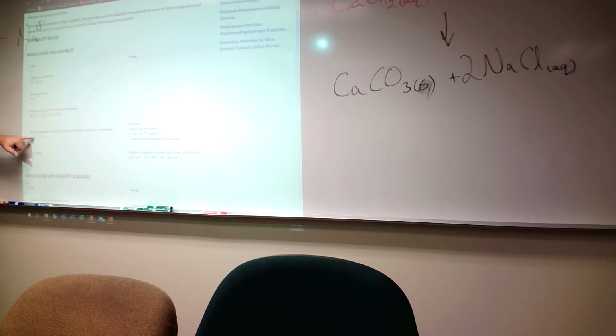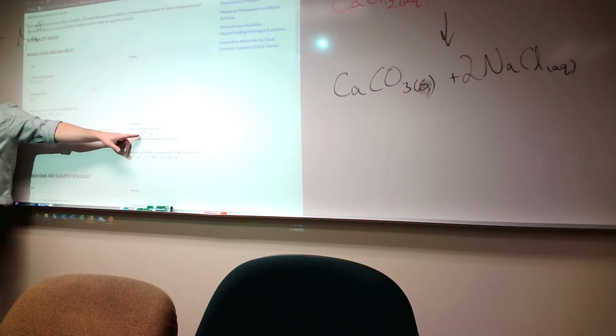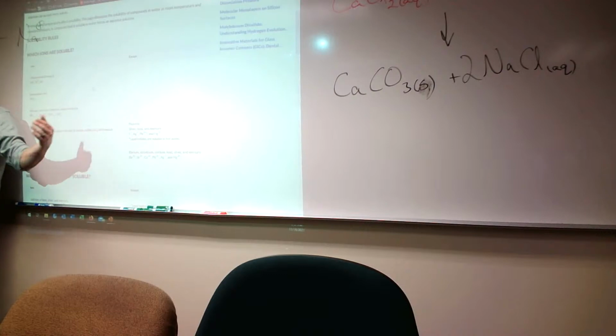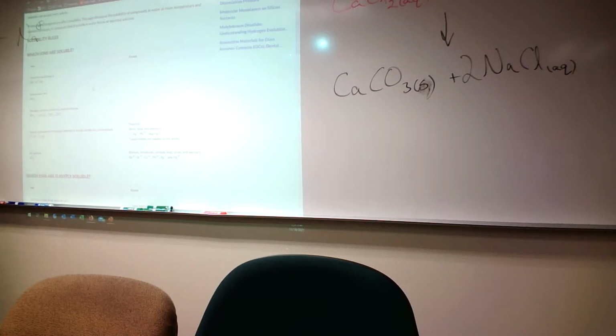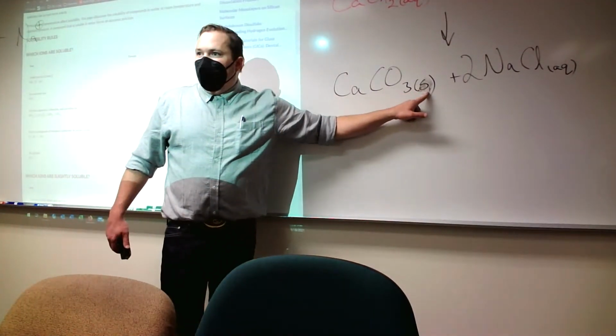Chlorides, bromide, iodide, are almost always soluble with some exceptions. So silver chloride, lead 2 bromide, mercury 2 chloride and bromide, those will form solids. So basically this is just a list of things. Okay, if I happen to make a combination that's insoluble, it's going to be a solid here.